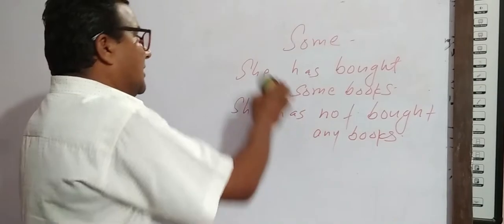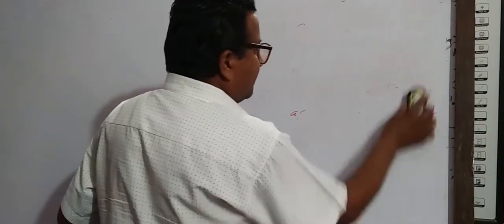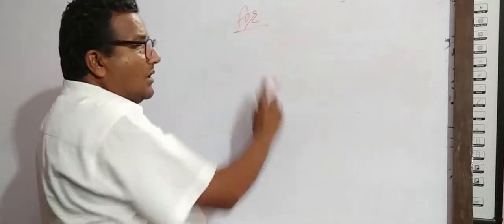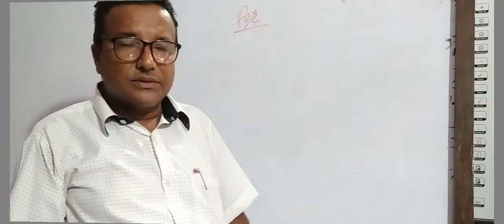And another rule: for always, ever, even, often, occasionally, rarely, seldom, if they are in the positive sentence, at that time we don't have to use not. We can use only never.